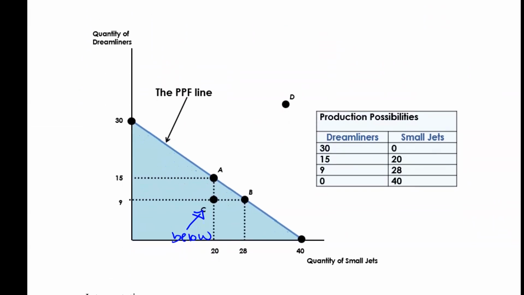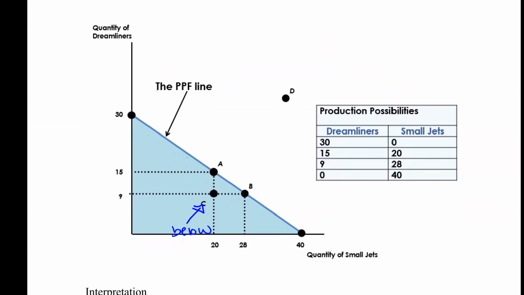So a PPF line shows you the possible combinations of what can be made. So on the right, you'll notice our production possibilities. That means we can make 30 Dreamliners if we make no jets. We can make 15 Dreamliners if we make 20 small jets, okay? Anything on the line is possible. So below is possible, right?